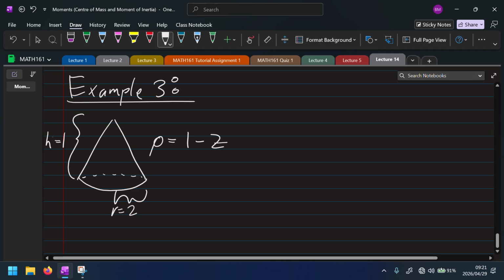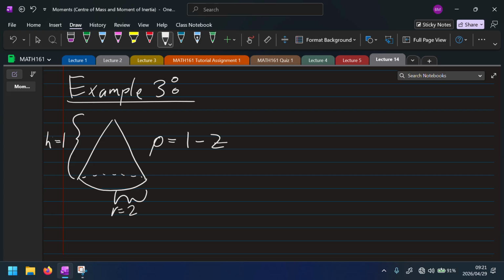So it's a fixed solid cone, height of 1, radius 2, like a squashed kind of cone. And the density changes as you go vertically. So at the bottom, when z is small, it has a high density, and a low density at the top.